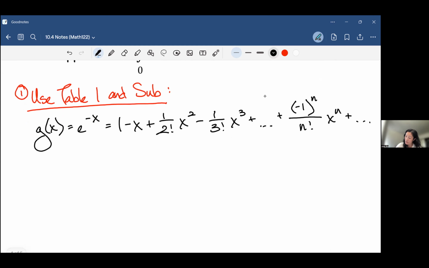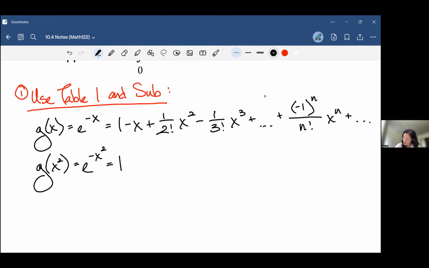Now, everywhere we see an x, we're plopping in an x squared. So g of x squared means we have e to the negative x squared.